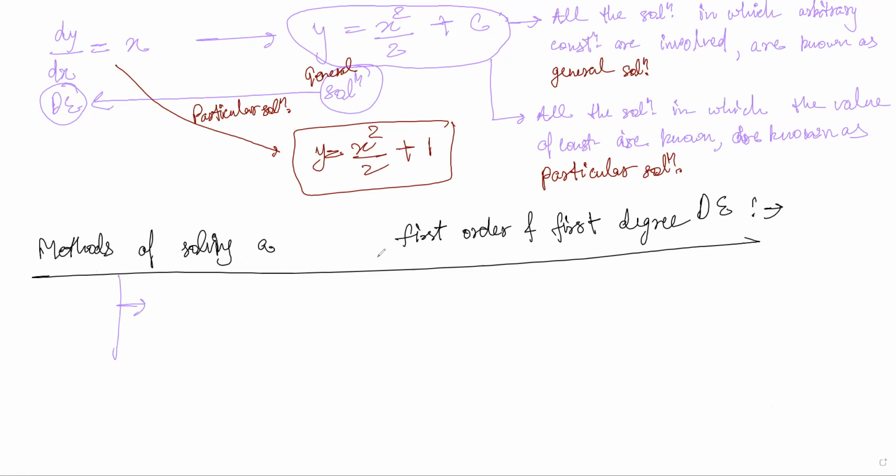So we have first, variable separable. The second one is homogeneous. Their order may be changed.